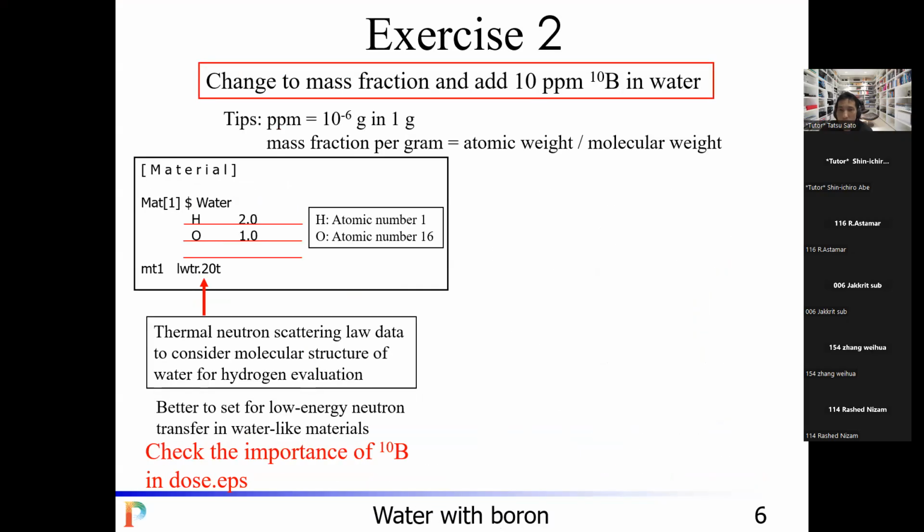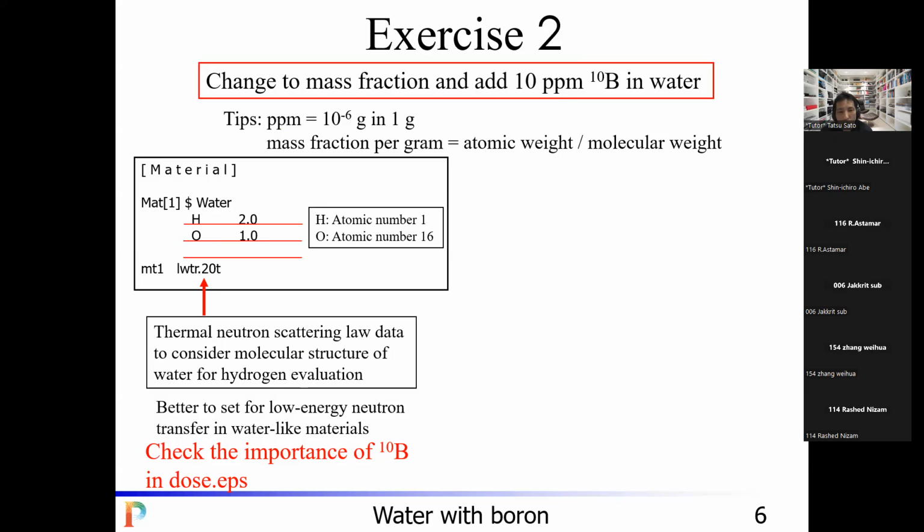Okay, let's go to the next exercise. Change the mass fractions and add 10 ppm boron in water. Here, the material is defined by H2O, but usually the boron density is given in ppm, and ppm is a weight mass fraction per gram.